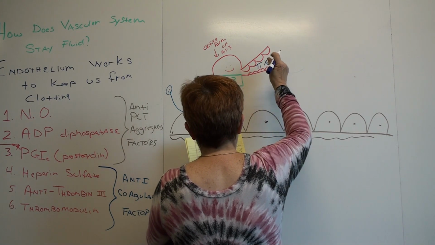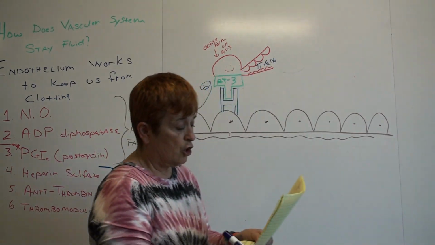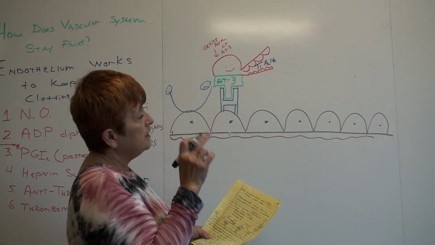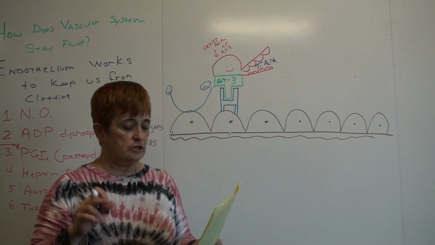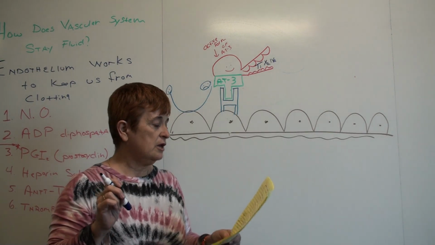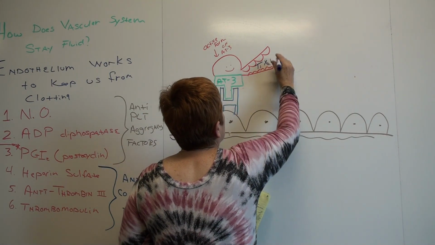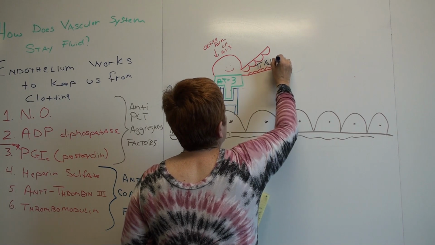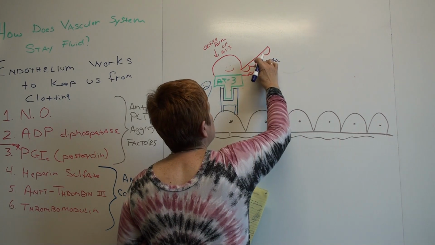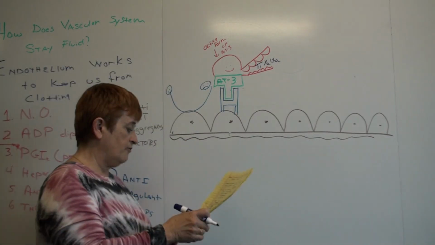Now remember the A's meant the active form. At the same time that it cuts up the thrombin, it's also going to inactivate your factor 10 and inactivate your factor 9, T10-9. Okay, so that's what it's inactivating.